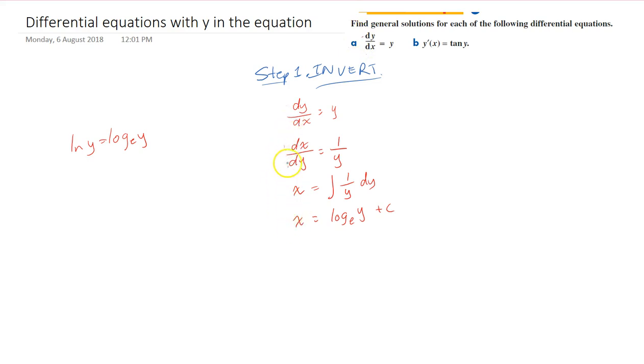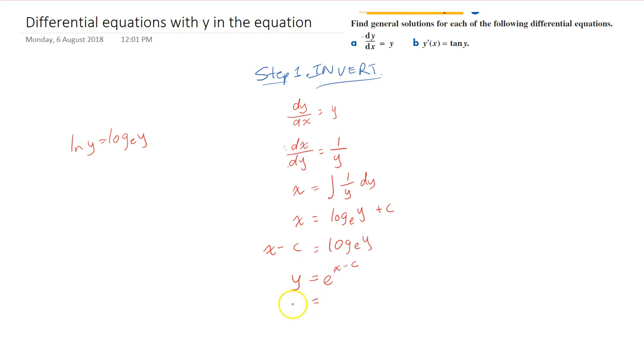So in order to make it a solution to dy/dx, we'd really just need to rearrange this to make y the subject. So it's x minus c is equal to log base e y, and then we can write this in exponential form: e to the x minus c equals y.